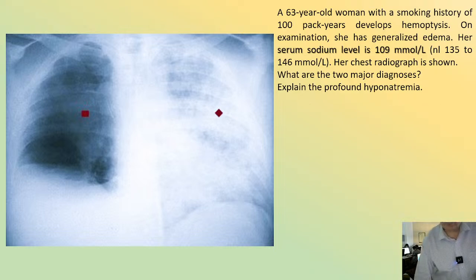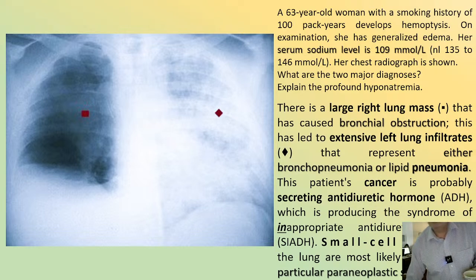So let's have a look. This is probably small cell carcinoma, because this is one main category of lung cancer, small cell carcinoma and non-small cell carcinoma. And let's have a look at a biopsy.